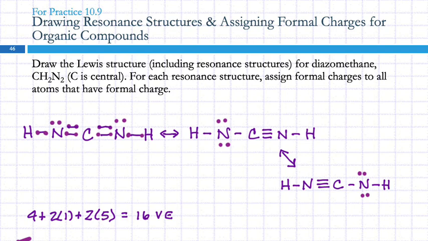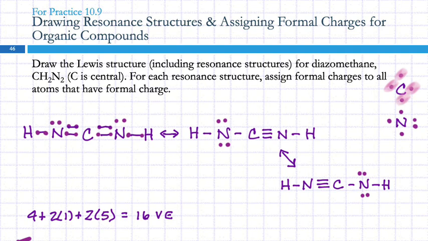And then it says assign formal charges. So assigning formal charges, if you do the electron subtracting thing for every atom, gets a bit tedious. Hydrogen's always 0, just leave him out of it entirely. And if we're thinking about the nitrogen and the carbon, so again, just thinking about the valence electrons that they had as individual atoms, right?